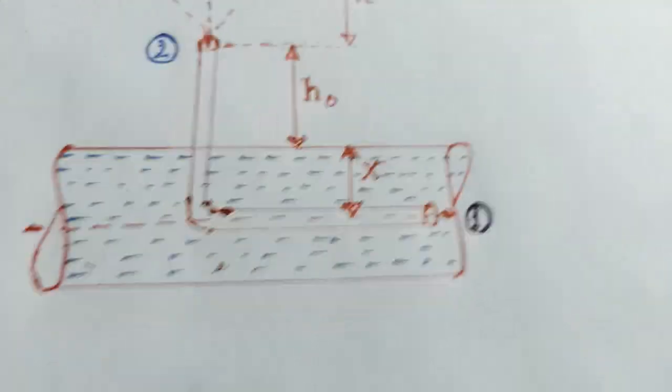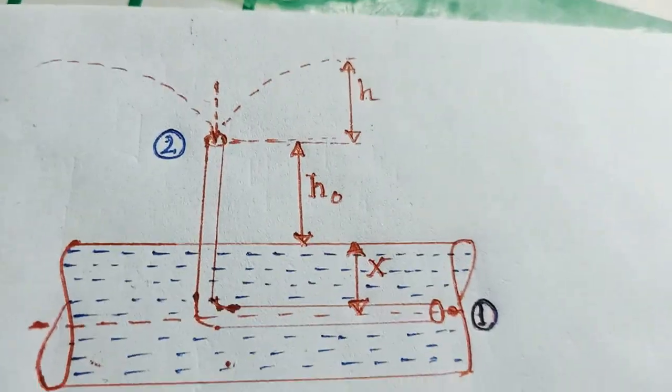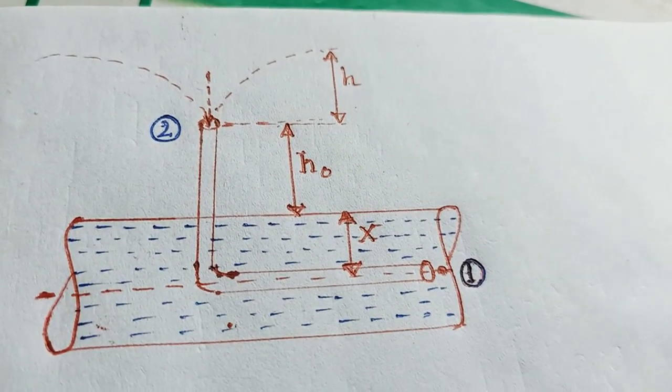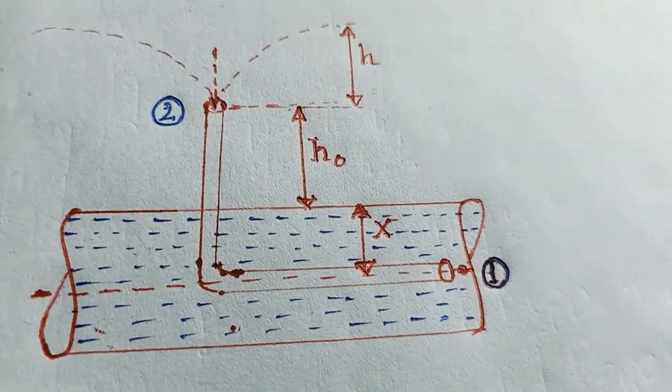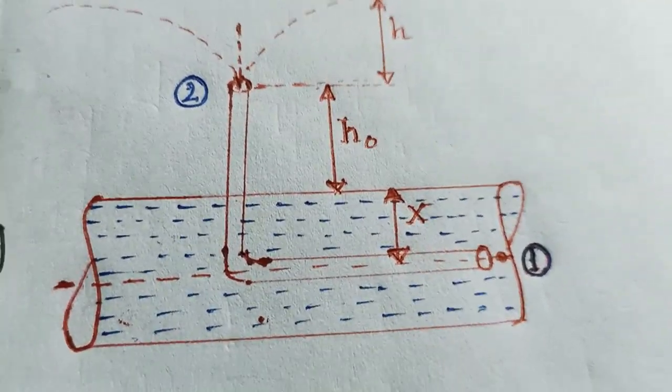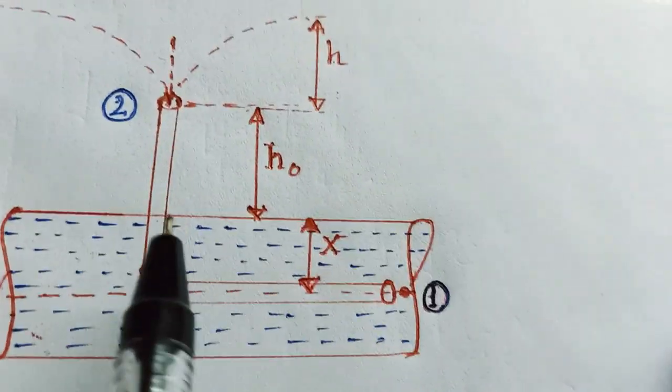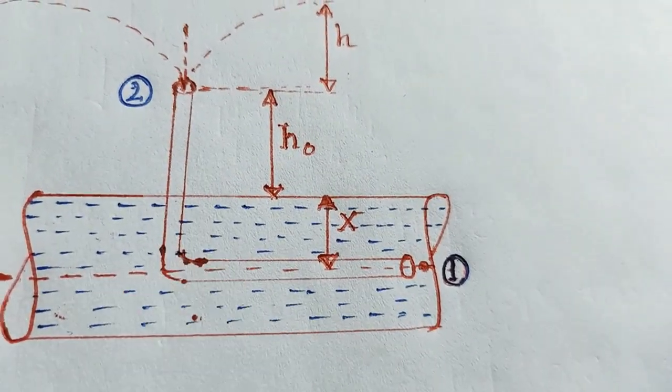So let's draw the related or equivalent diagram of this question. So this is our diagram of the question, and this is our orifice. So this is our stream of the liquid, and one bended tube is immersed in this stream.